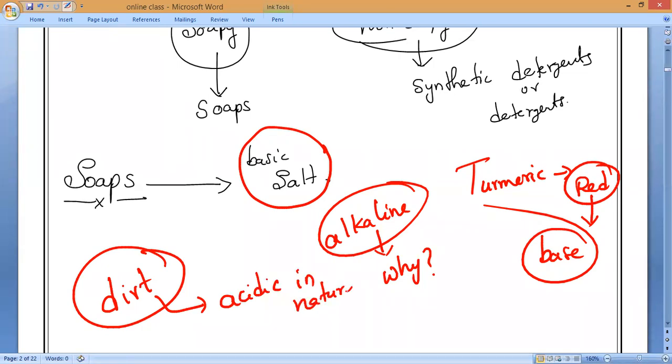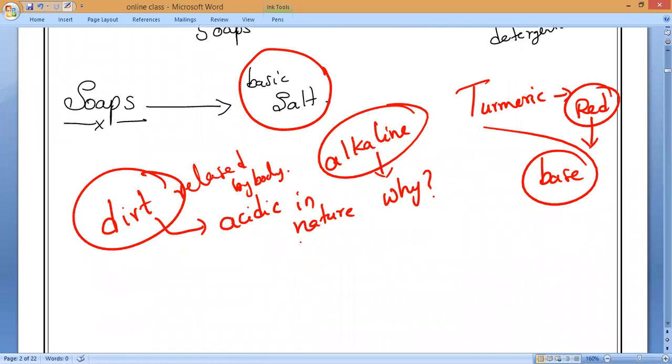If the soap is basic and the dirt released by our body is acidic, what will happen, guys?